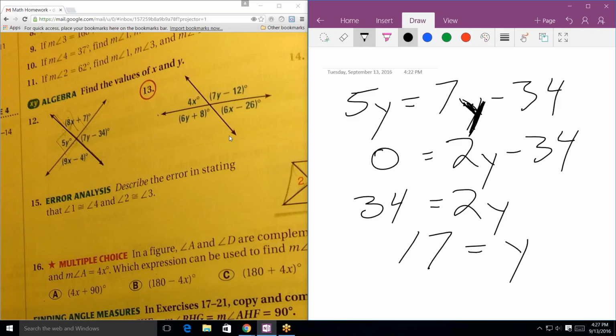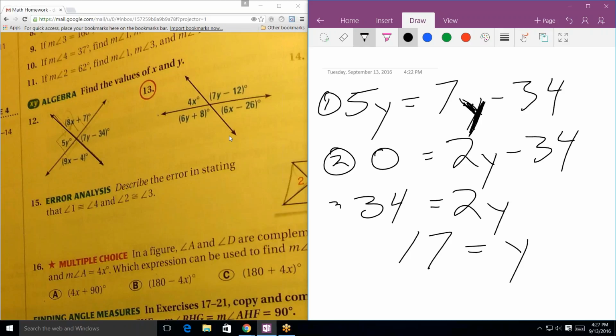What's important to understand is that you can do anything you want to one side of an equation as long as you do it to the other. But the fact of the matter is that if that's step 1, to get to step 2, I had to subtract 5y from both sides, so I used the subtraction property.